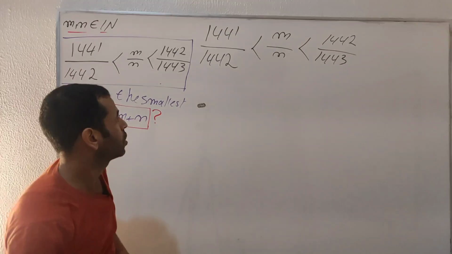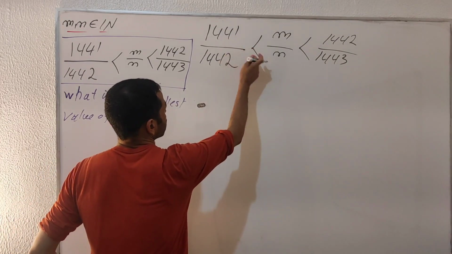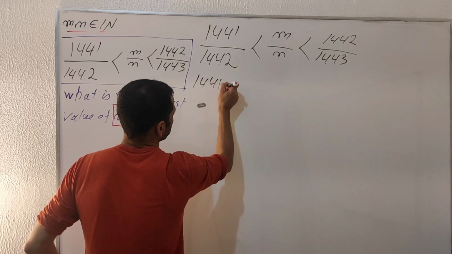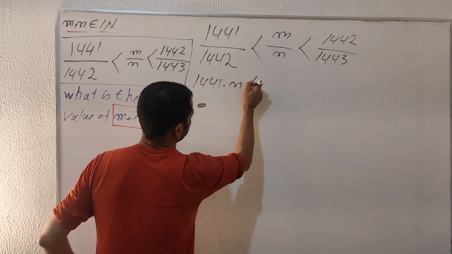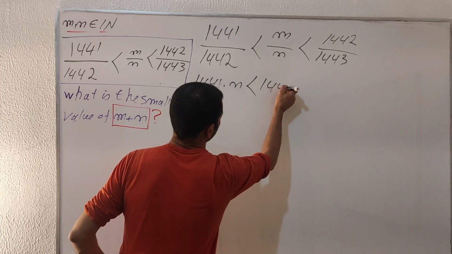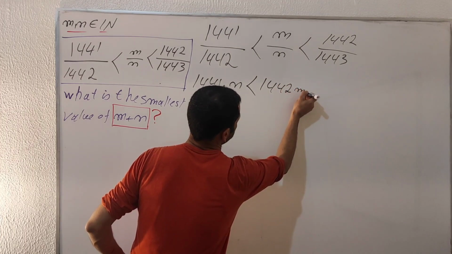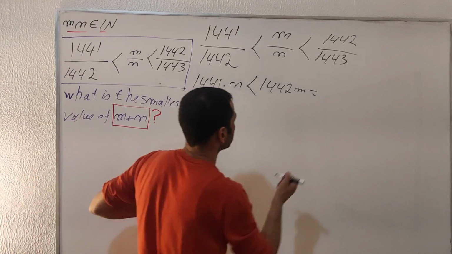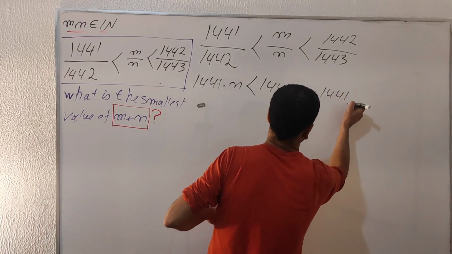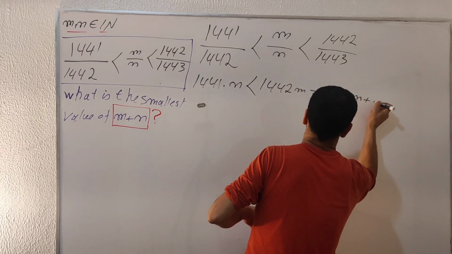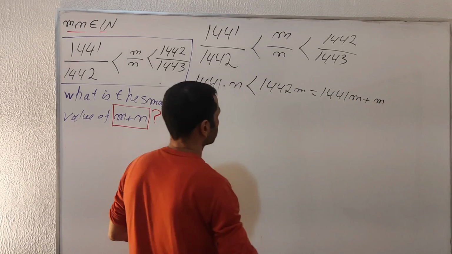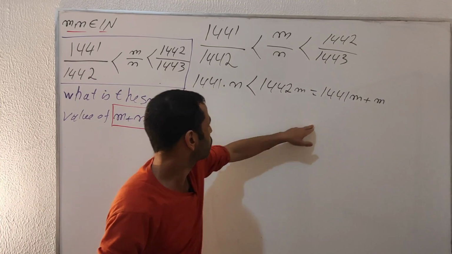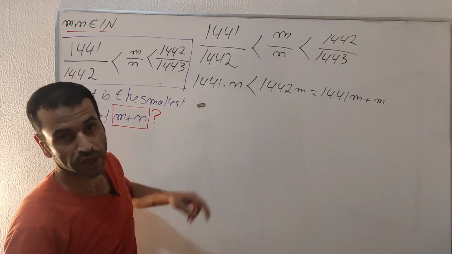Crossing the multiplication, I get 1441 multiplied by n, strictly inferior to 1442 multiplied by m. I'm simply going to write the same number as I have on the left-hand side of the inequality. I get 1441 m plus m. Then I'm going to move this term to the left-hand side to have 1441 as a common factor.